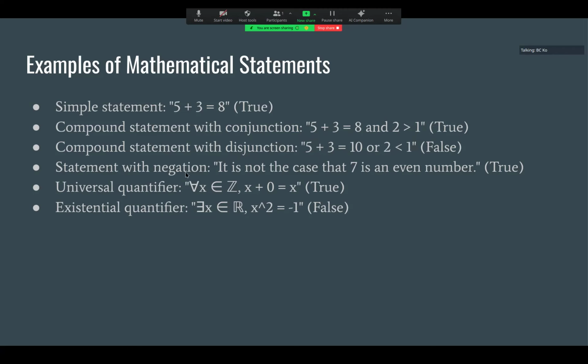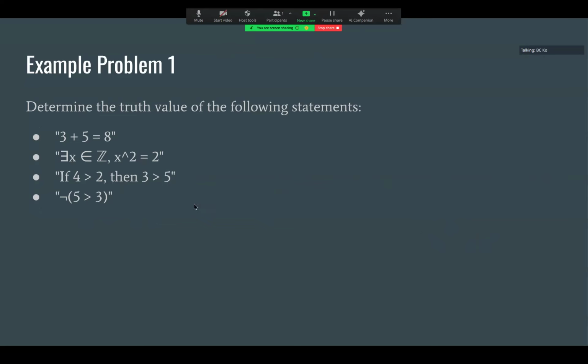And a statement with negation, and we have the universal quantifier and existential quantifier that we went over. So we can have problems that look like this and determine if the statements are true or false.